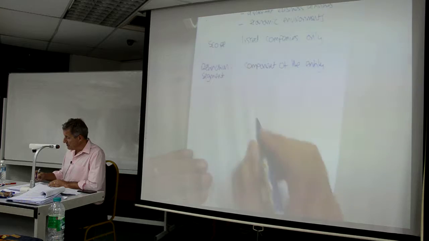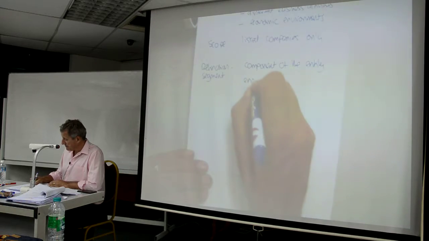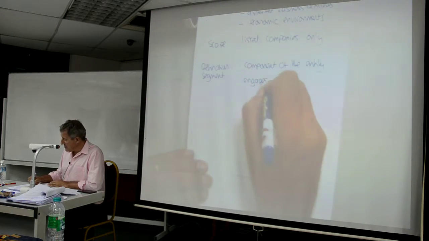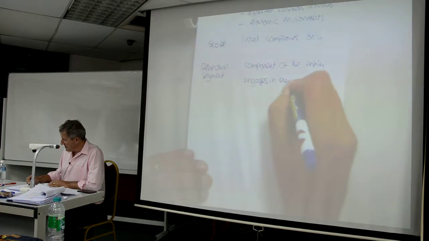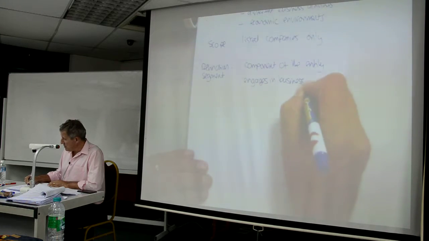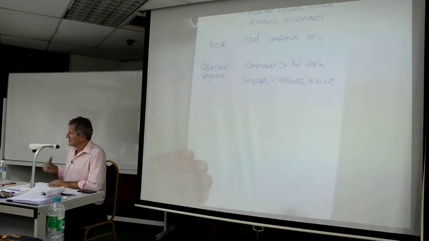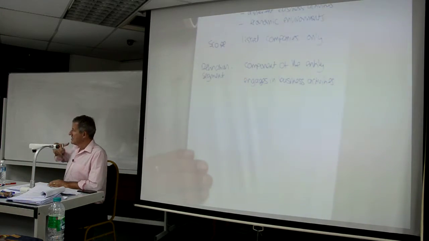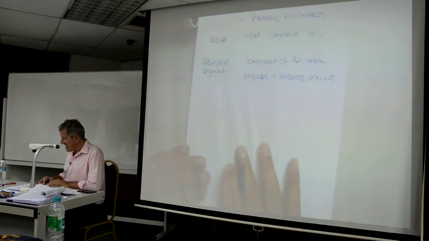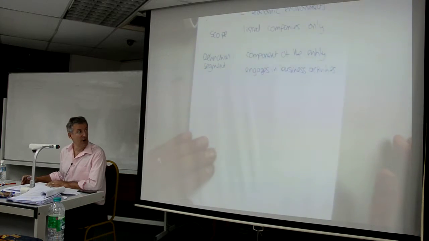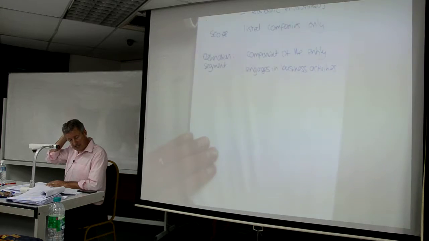It's a component of the entity that engages in business activities. That implies it has a revenue and can make a profit. A head office is not engaging in business activities.